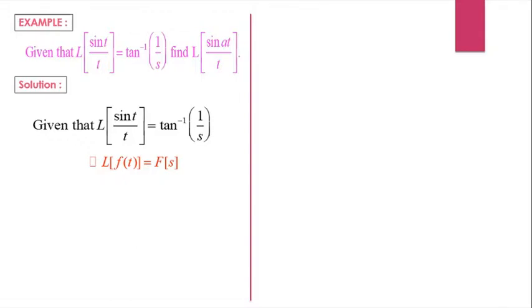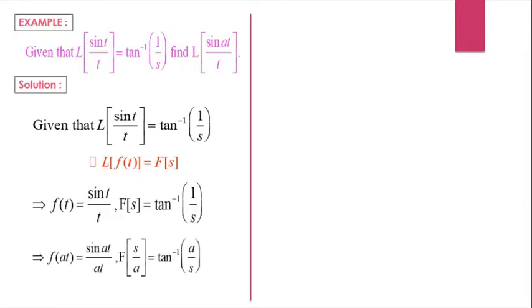So now when I go with comparison, I write my f of t to be sin t divided by t, and capital F of s is equal to tan inverse 1 by s, which implies f of at could be written as sin at divided by at, and capital F of s by a could be written as tan inverse a by s.